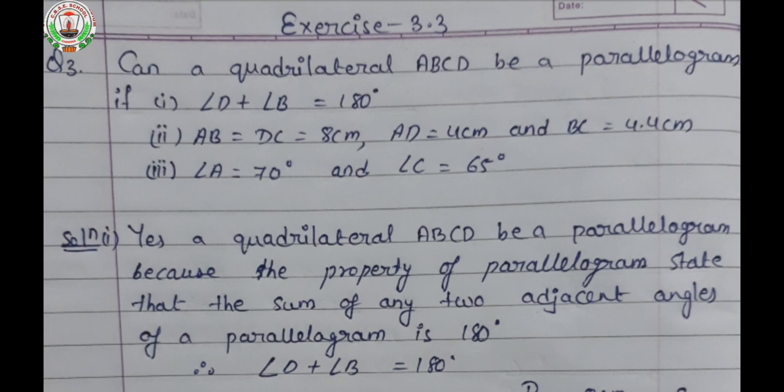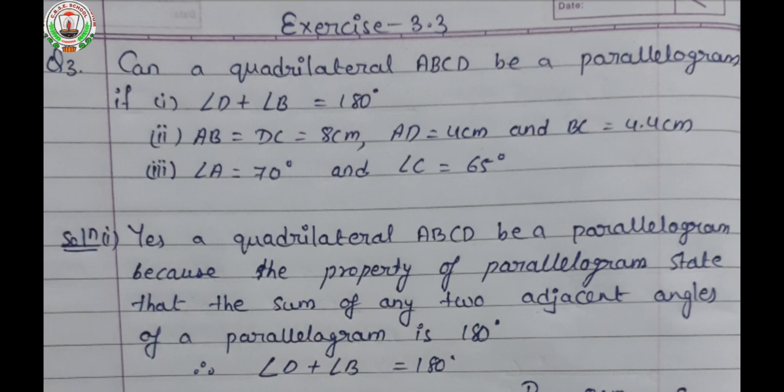Second, AB is equal to CD is equal to 8 centimeters, AD is equal to 4 centimeters and BC is equal to 4.4 centimeters. Third, angle A is equal to 70 degrees and angle C is equal to 65 degrees. Now look, as we know ABCD is a quadrilateral. Here it is asked if it is a quadrilateral, then can it be a parallelogram?